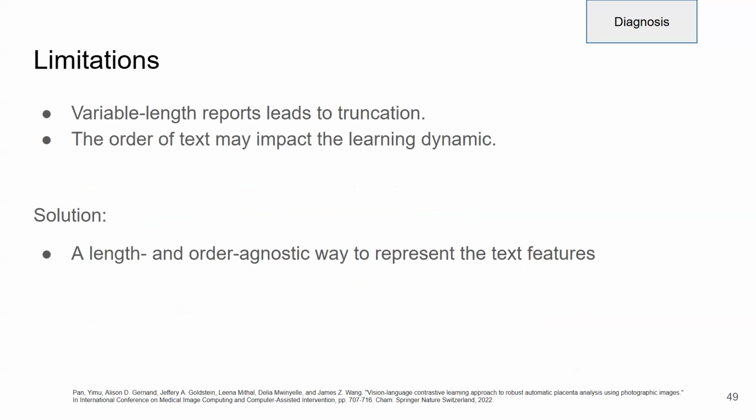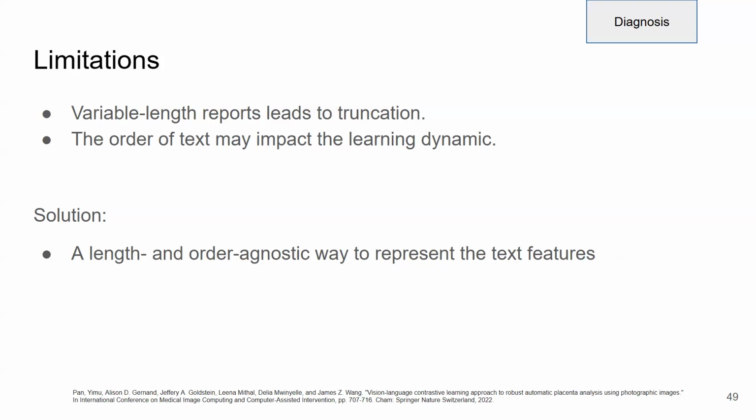Additionally, we have a few problems here. The report can be of variable lengths. So sometimes you have a longer report, sometimes you have a shorter report. But you need to encode the text all at once. And also you don't want the model to forget part of the text to encode in order to minimize the loss.